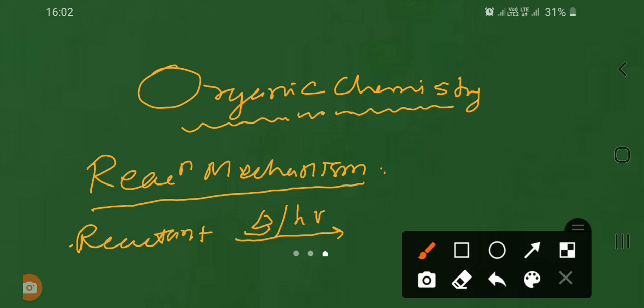H nu is the light energy. This results in the formation of a highly reactive reaction intermediate, which reacts with the reagent and is finally converted into product. The overall process is said to be the organic reaction mechanism.